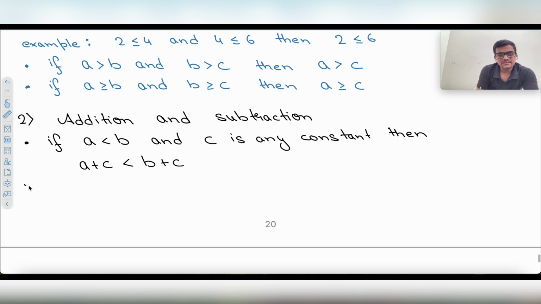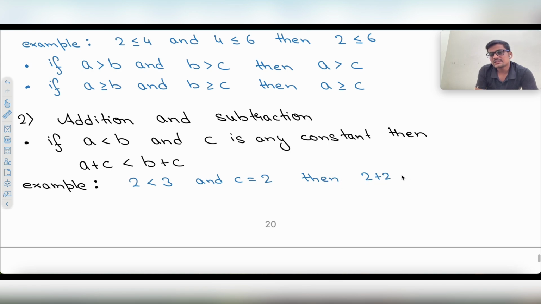So for example, 2 is less than 3 we know, and suppose my C is 2, then 2 plus 2 is 4, and 3 plus 2 is 5. So obviously this 4 is less than 5.